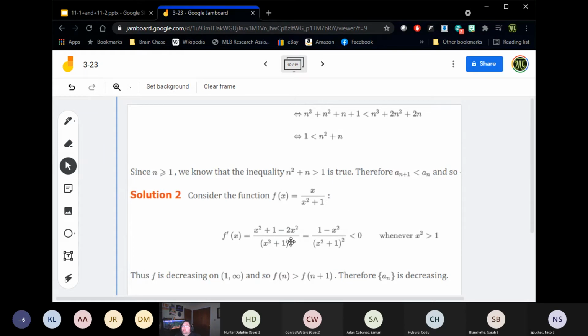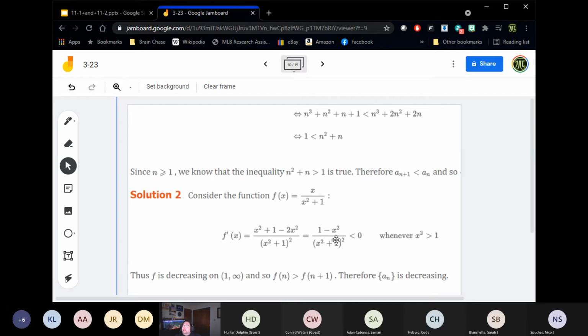So when I take the derivative of this function, I get n squared plus 1 minus 2n squared, or 2x squared, over x squared plus 1 squared. Simplify that down a little bit, and I get 1 minus x squared over x squared plus 1 squared is less than 0. The bottom is squared, so the bottom is always going to be positive. So all I have to do is figure out what values are going to make the top always negative.